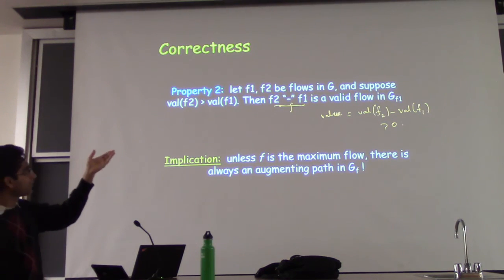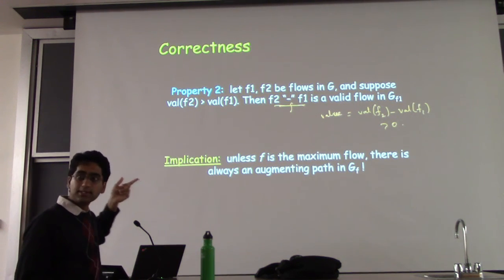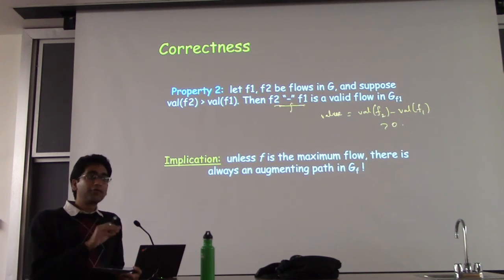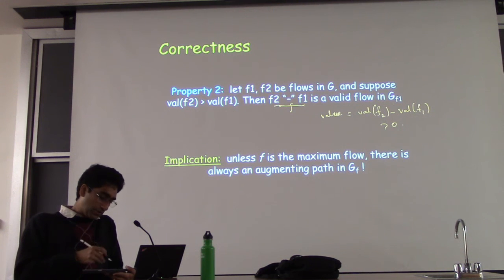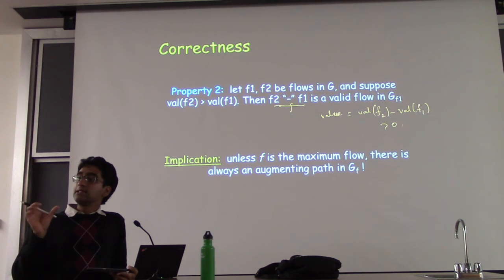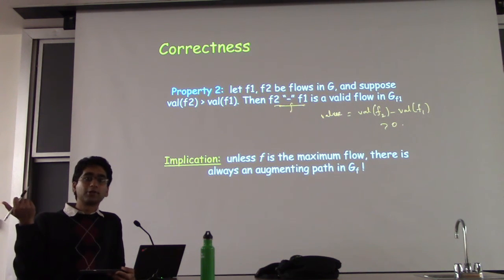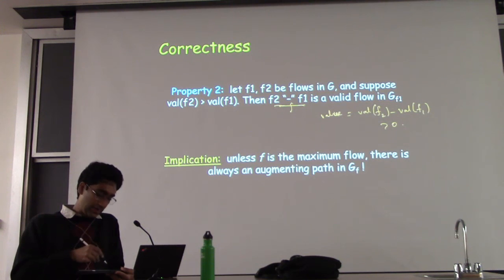Firstly, how do I define this f2 minus f1? This is actually as you would expect. f2 is some flow. Note that f1 and f2 are both flows in G, so there are no backward edges or anything in f2 minus f1.